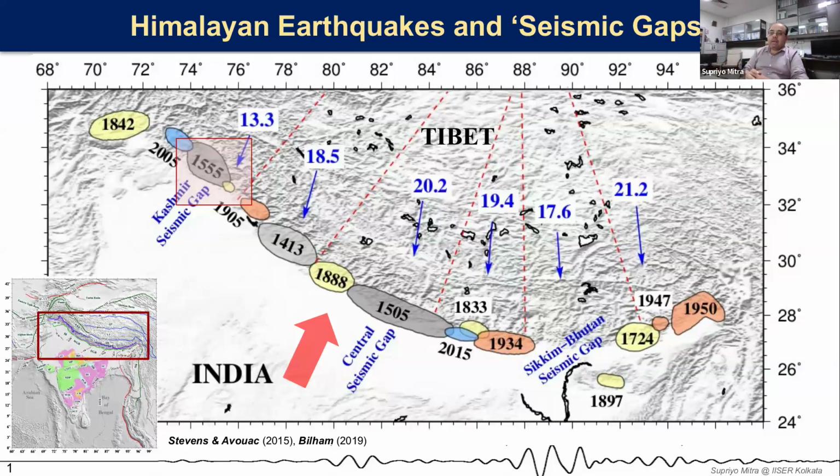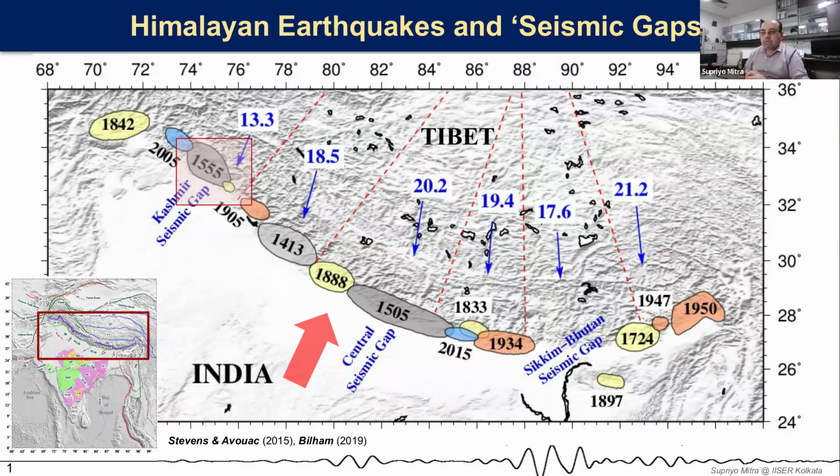This convergence is obviously accommodated within the Himalayas by buildup of elastic strain, which results in earthquakes. What you see as these ovals with numbers are basically the earthquakes over the last few centuries. There are a few recent ones, like the 2005 Kashmir earthquake, which is at the northwestern edge, and 2015 Nepal, which is somewhere in the middle.